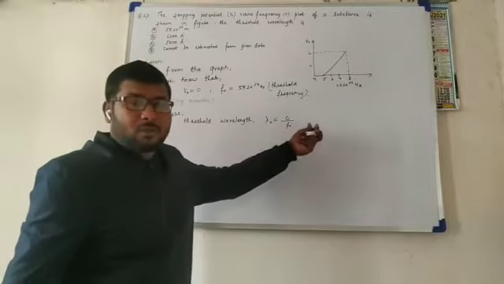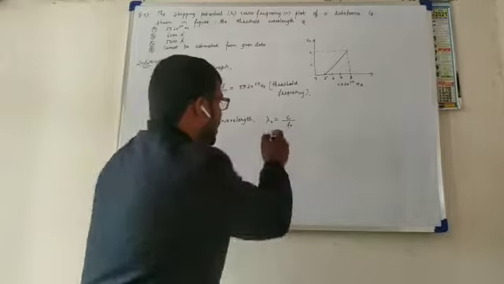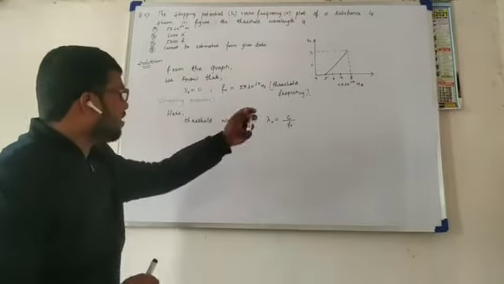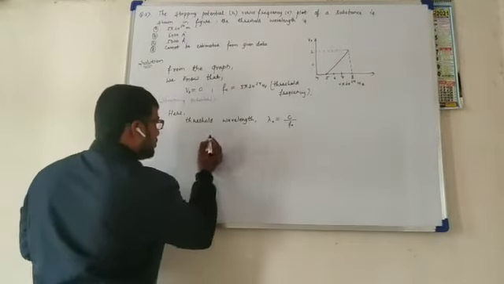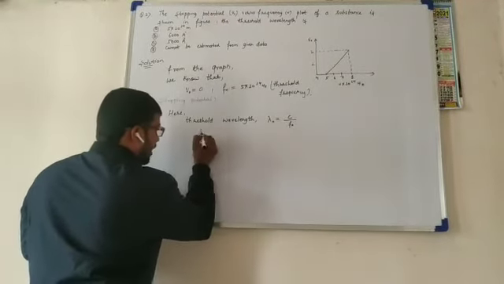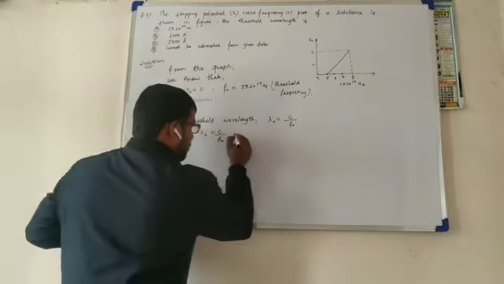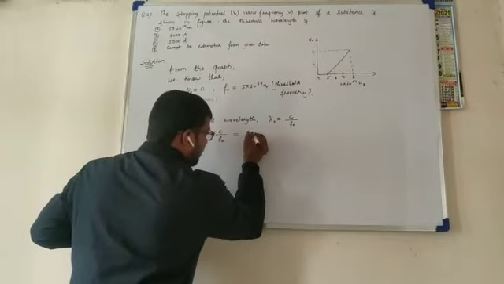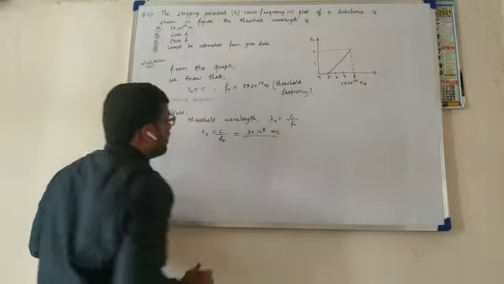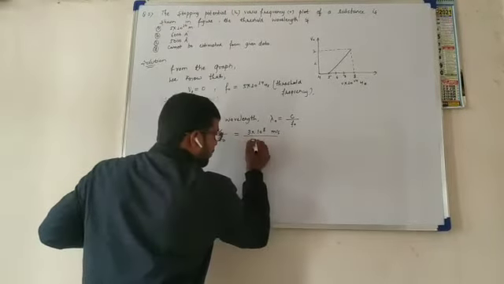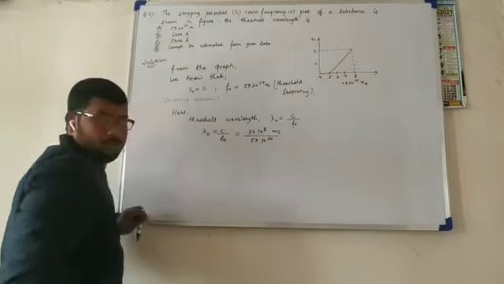The value of the speed of light is 3 into 10 to the power 8 meter per second, and the value of the threshold frequency is given from the graph, 5 into 10 to the power 14 hertz. So by putting the values, lambda naught equals C upon F naught.